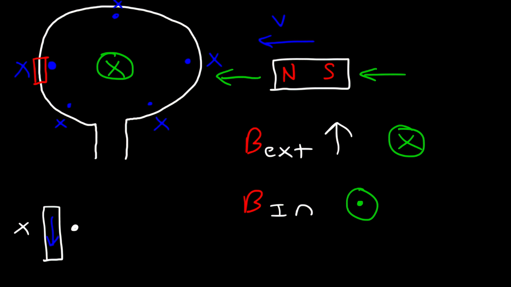That's the only way the magnetic field will be coming out of the page on the right side and into the page on the left. And you can use the right-hand rule to figure this out. So therefore, what we have is a current traveling in the counterclockwise direction.